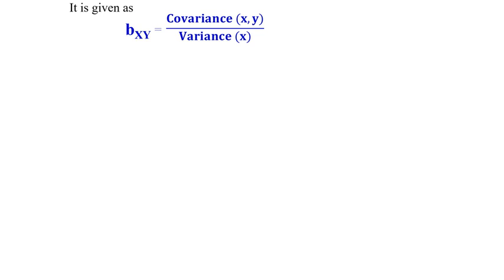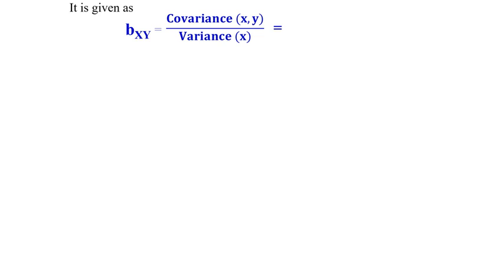If you have not observed, go back, pause this video and go back. You will observe byx equals covariance of xy divided by variance of y variable. It was. So now bxy equals covariance of xy divided by variance of x variable.